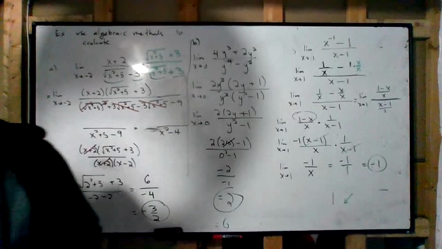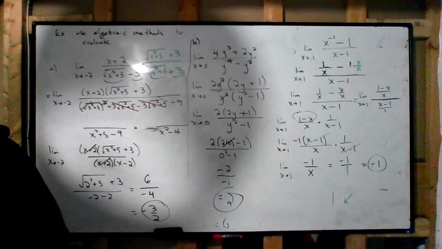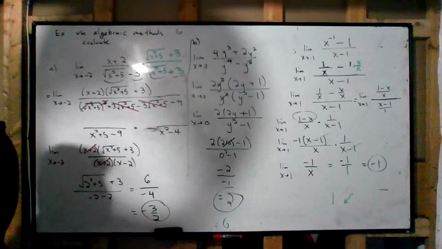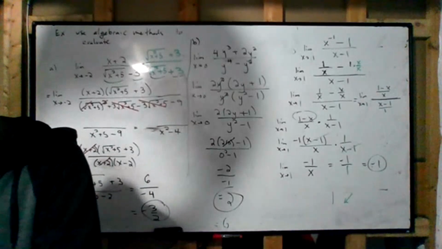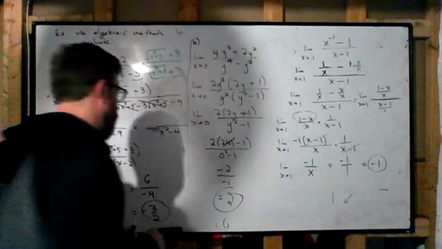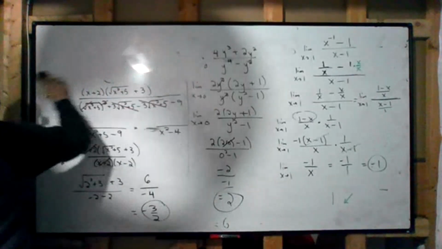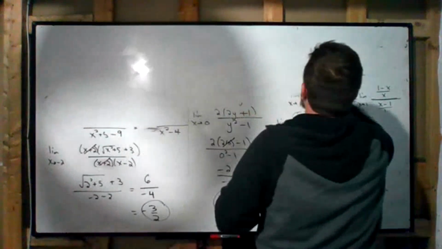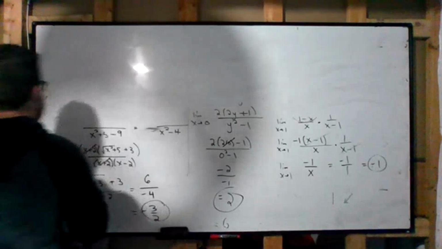All right, one-sided limits. One-sided limits are only done differently if the function is different on two sides of that x value. So, you know, from the left.